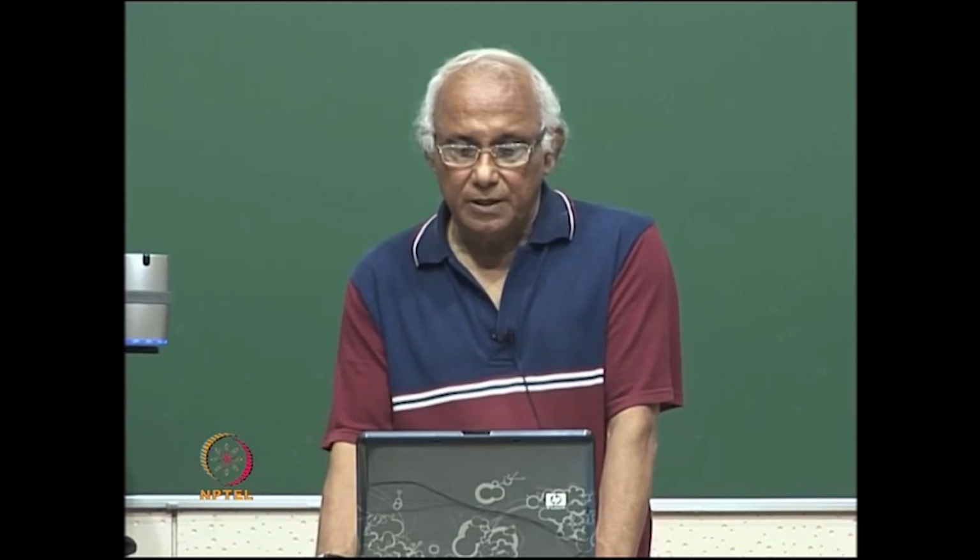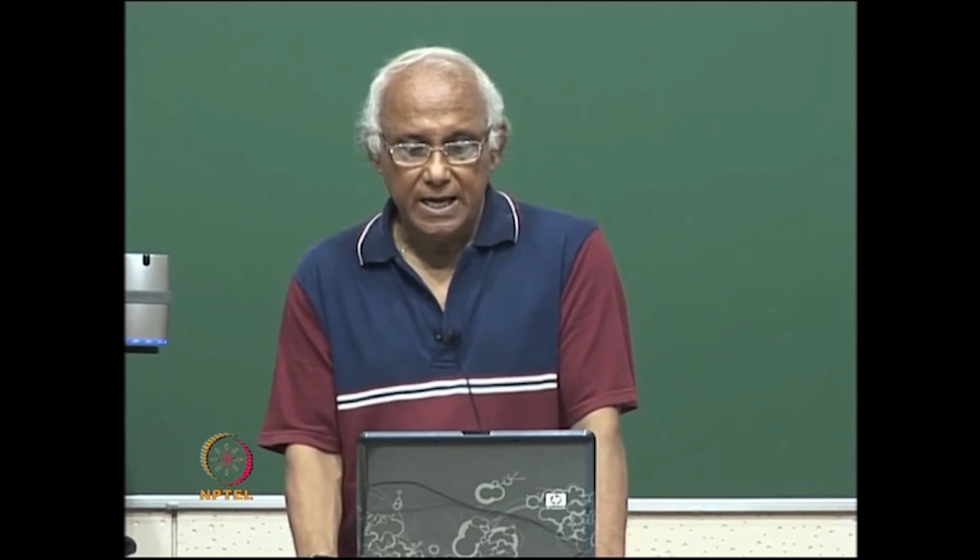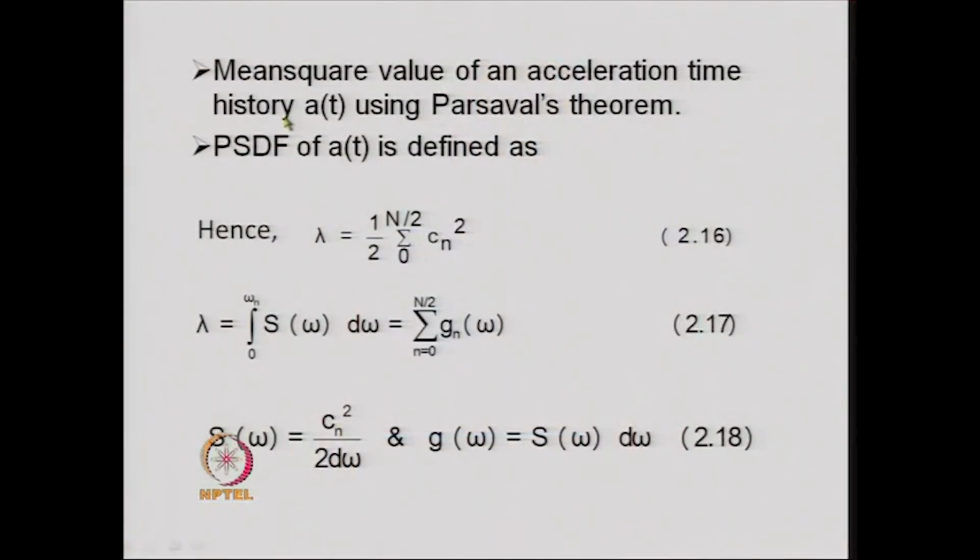Now, mean square value of an acceleration time history, say a(t), can be obtained from the time history itself and using Parseval's theorem, which states that the mean square value of a time history is equal to half of the amplitude squares of the Fourier series constants, that is Fourier series constants are an, bn and a0.